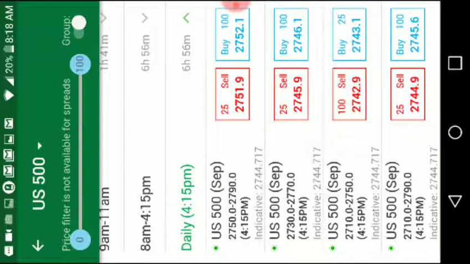Currently, the index is 27.44.8, and here is 27.30, 27.57, 27.10.